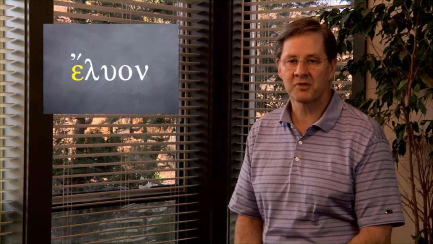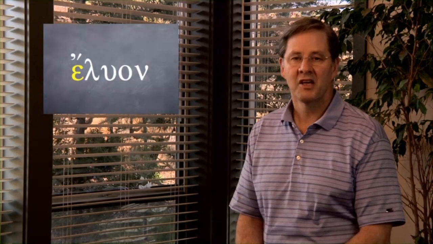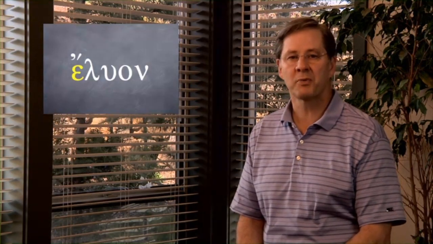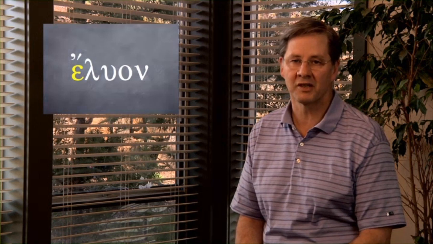Well, that initial epsilon before the lambda is the augment, is what puts it into past time and is part of how we form the imperfect tense in Greek. It's, in a sense, kind of like the -ed we add as a suffix on English verbs. So if you're going to take a verb that forms its past time regularly, like kick, well, you'll add an -ed onto it. So kick goes to kicked. Okay, it's somewhat the same sense. The augment is a prefix we add to the beginning of the verb, such as the epsilon in eluon. Okay, so that's what an augment is.